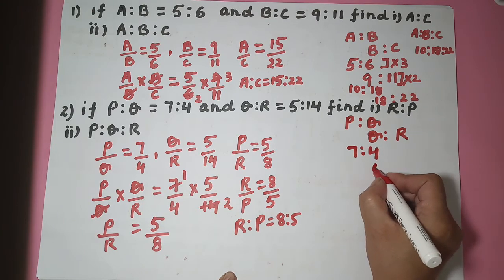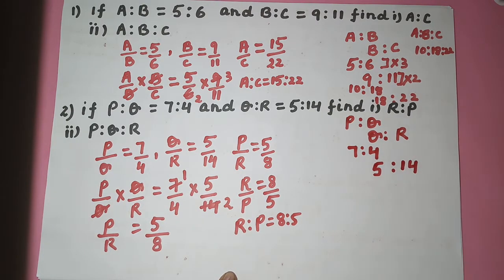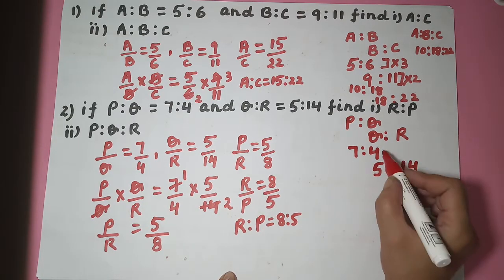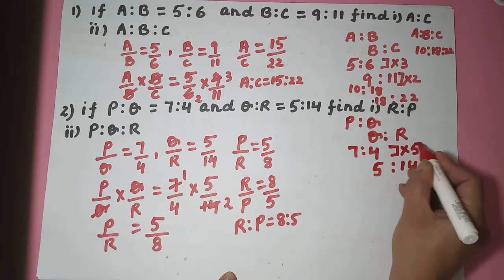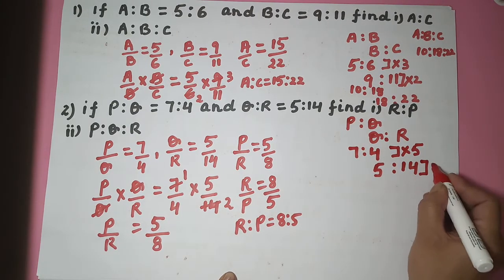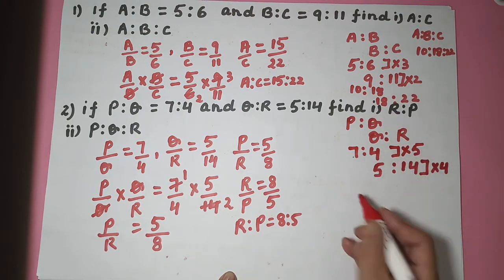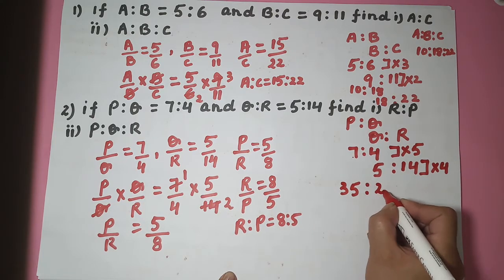That means 5 and I will write here is to 14. Now I have to make these same. I have to find the LCM of this. So how will I do that? I will multiply this as 5 and then this entire thing as 4. So this will become 5 7s are 35 is to 20.